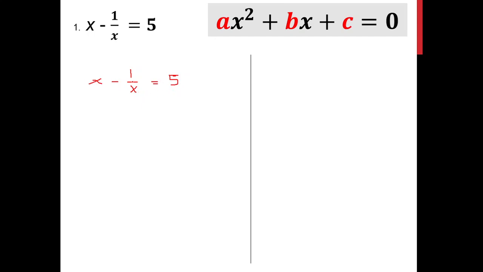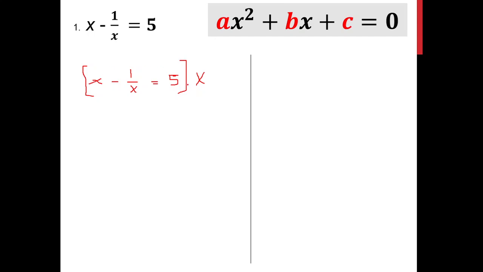For us to be able to eliminate this variable x, all we need to do is multiply the entire equation by x. After multiplying, we need to distribute this x to each term using the distributive property of multiplication.